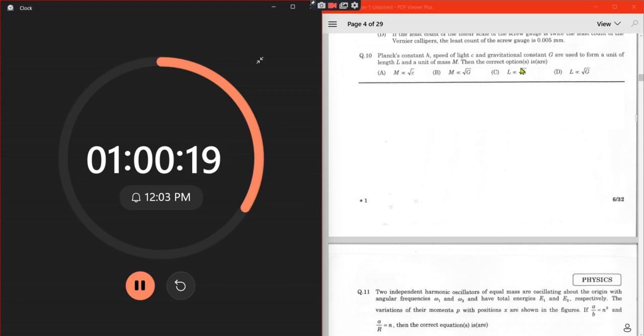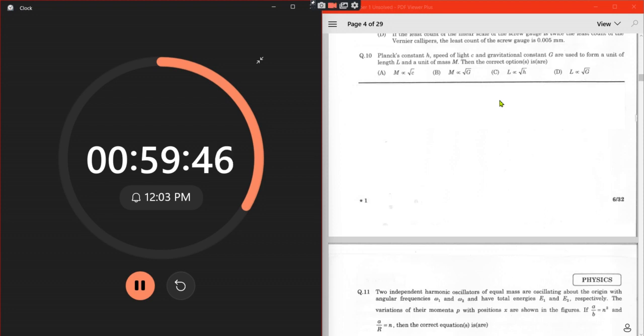So hc upon the same length, meaning mass squared is equal to hc upon G. So mass is the square root of hc upon G. Mass is proportional to the square root of h, proportional to the square root of c, and proportional to 1 upon the square root of G. So A looks correct, the 10th's answer A looks correct.